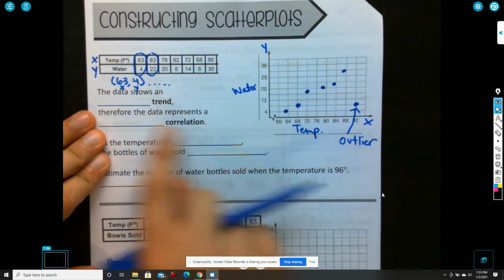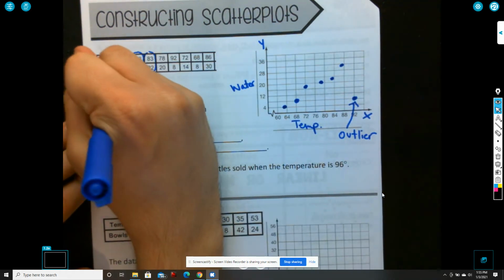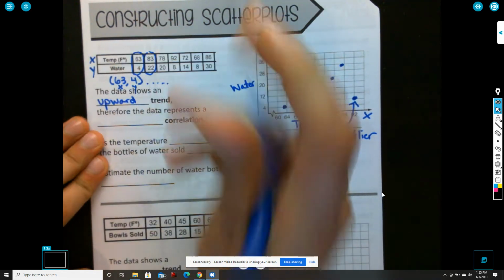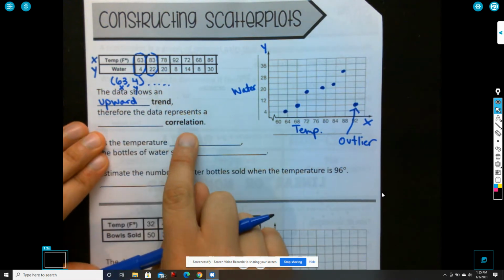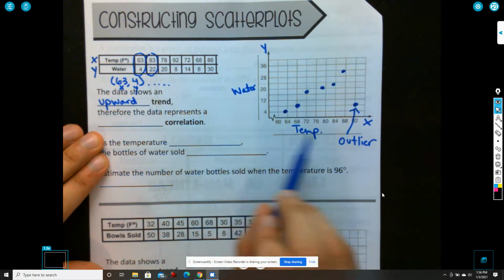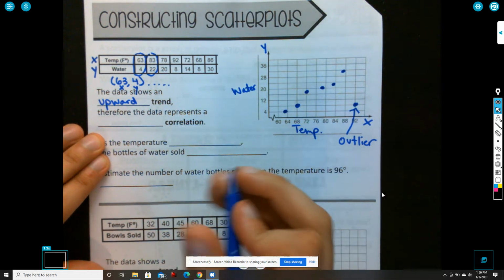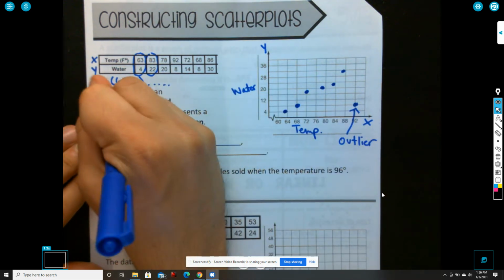All right, so the data shows an upward trend. Therefore, the data represents a positive correlation. Upward trend means that as temperature increases, y increases. So as temperature increases, water increases. So we'll say it is a positive correlation.